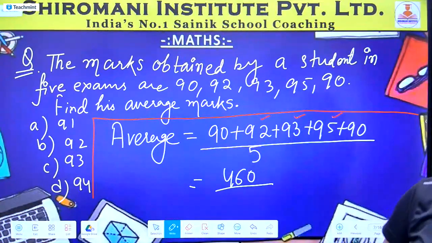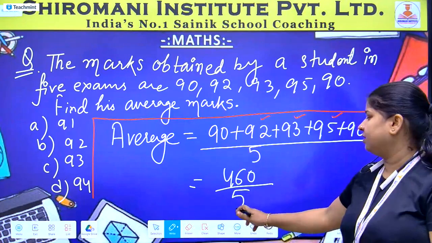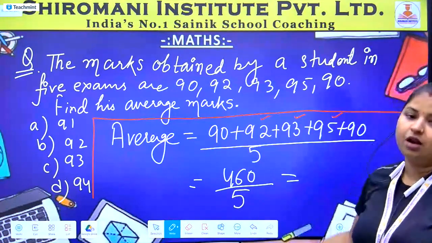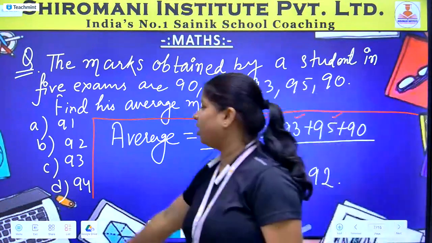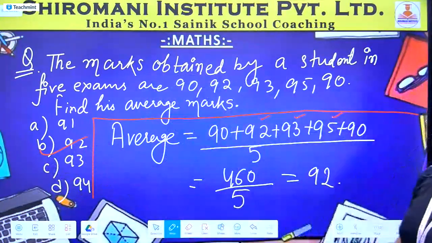And then upon 5. 460 divided by 5, you will get 92. Option B will be your answer. Quickly take the screenshot, beta.